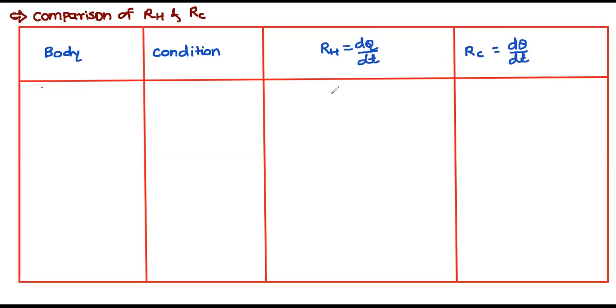RH means rate of heat loss, and RC means rate of cooling. Okay. Let's start.